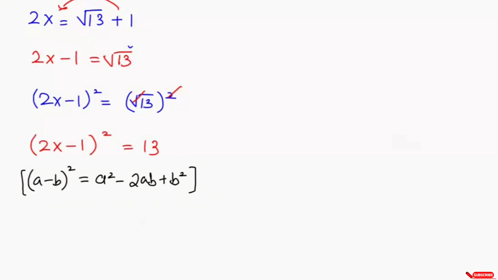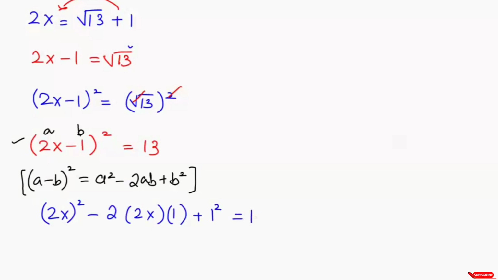So here we have the a value and this is our b value. So this equation turns to (2x) to the power of 2 minus 2 times 2x times 1 plus 1 squared equals 13.